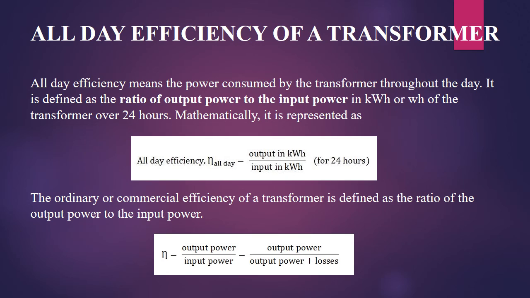It can be represented as eta all day equal to output in kilowatt hours divided by input in kilowatt hours for 24 hours. The ordinary or commercial efficiency of the transformer is output power by input power, or else output power by output power plus losses.